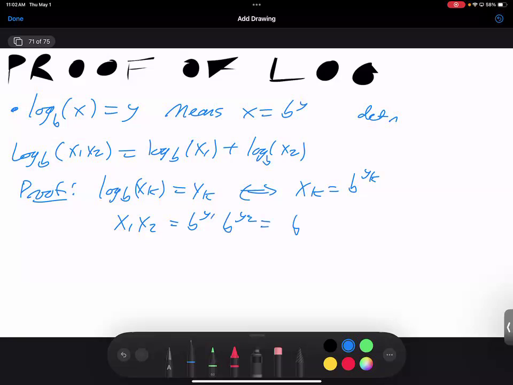Well, what's b to the y1 times b to the y2? B to the y1 plus y2. And now by definition, if I take the log base b of both sides, I'm asking what exponent of b do I need to raise it to get x1 times x2? And given that I know x1 times x2 is b raised to the y1 plus y2, it's really not that hard to figure out this is just y1 plus y2. Okay, so this is the first one. The log of a product is the sum of the logs.